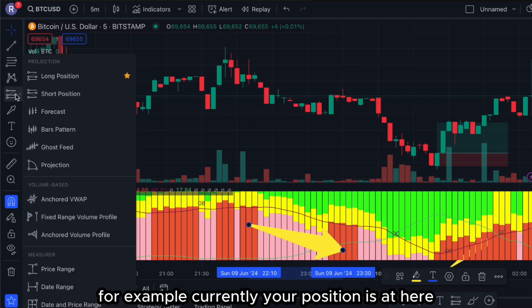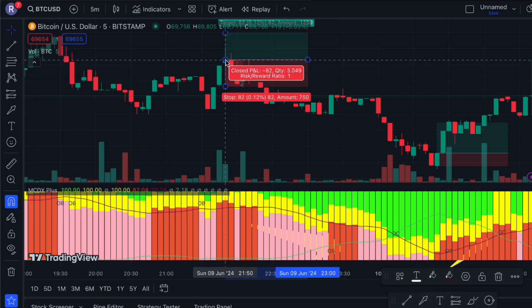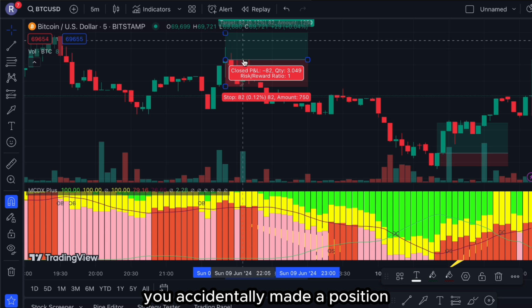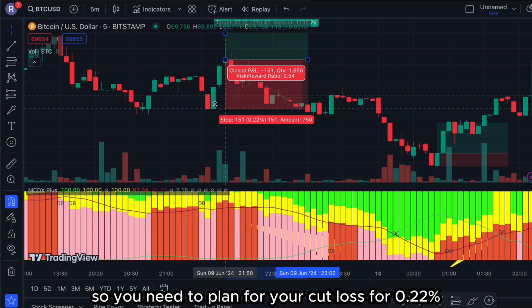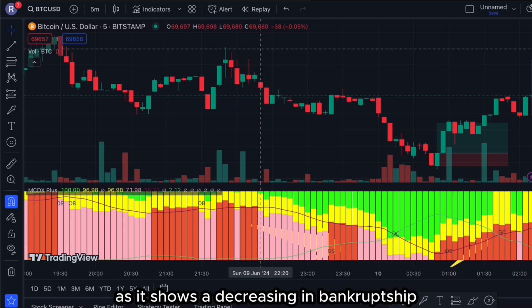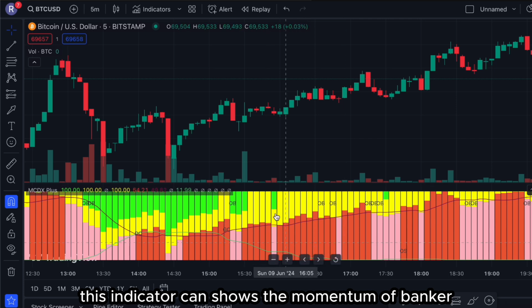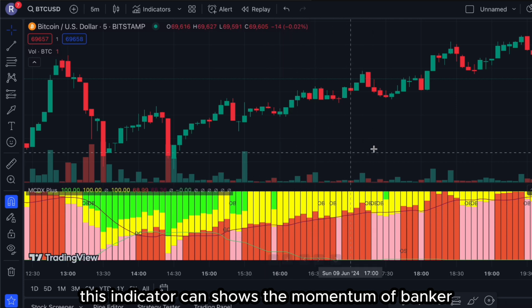For example, currently your position is here, you accidentally made a position, so you need to plan your cut loss at 0.22% as it shows a decrease in banker chip. So basically this indicator can show the momentum of banker.